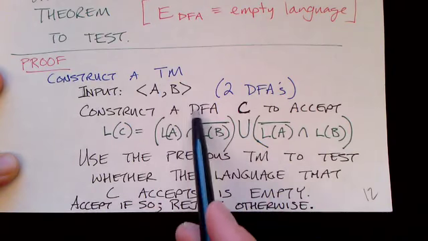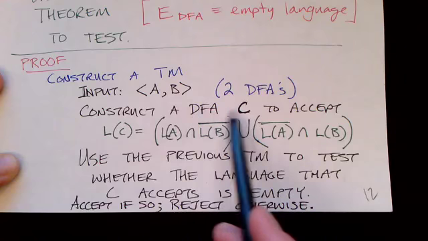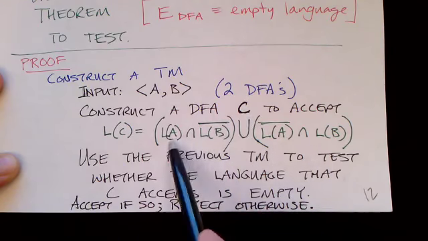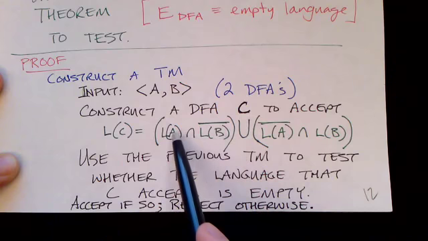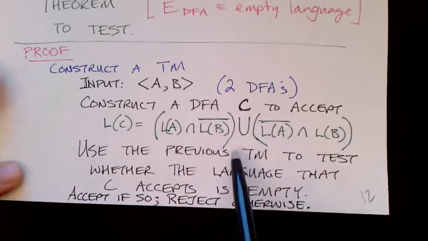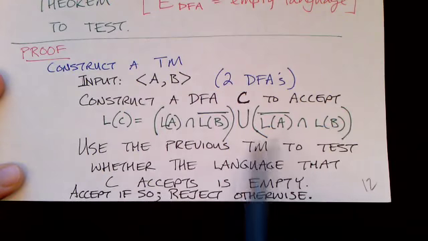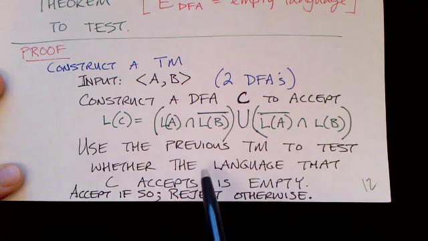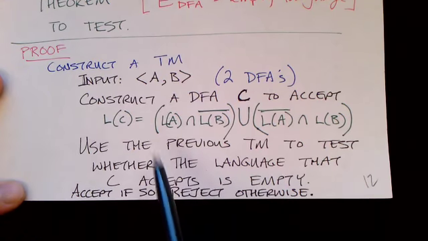Out of those, we construct a new deterministic finite state automaton, which we'll call C, to accept the symmetric difference of whatever languages A and B accepted. And then we use the Turing machine from the previous theorem to test whether C accepts the empty language or whether it accepts a language with some strings in it.